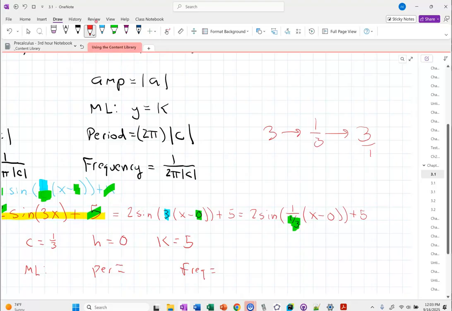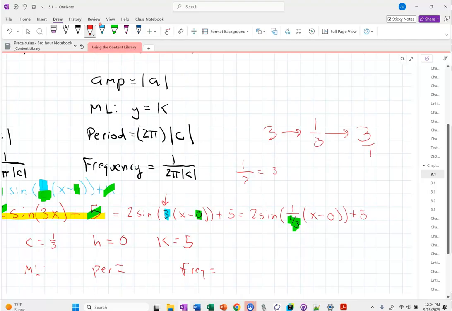Addie, your face tells me that you don't like what I just did. Can we talk more about it? Okay. Where did I lose you? Just the whole fraction. Okay. What I'm trying to do is rewrite 3 as 1 over something, right? I need 1 over something to still be 3.